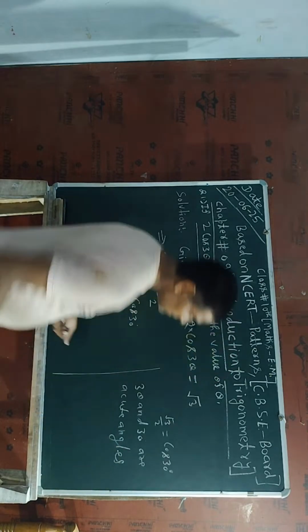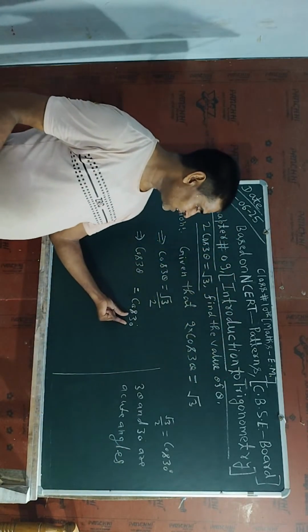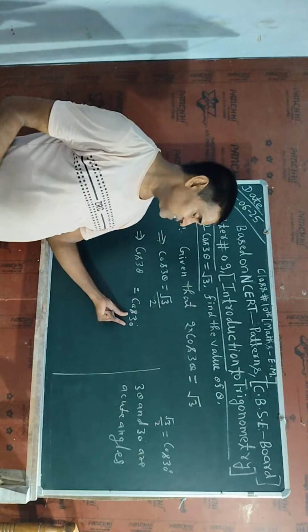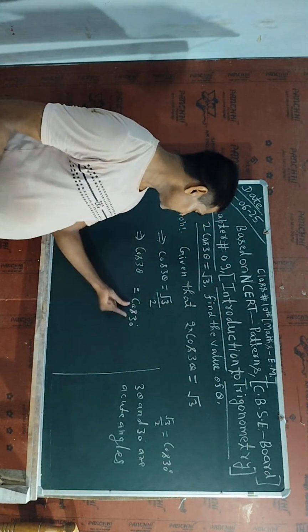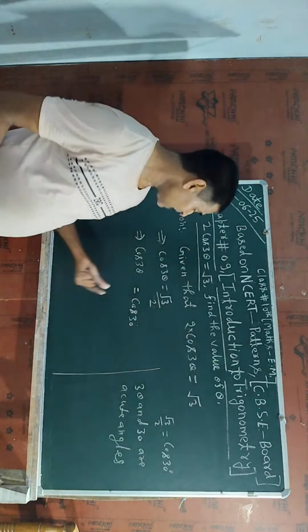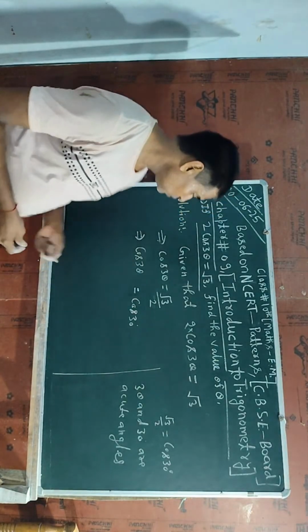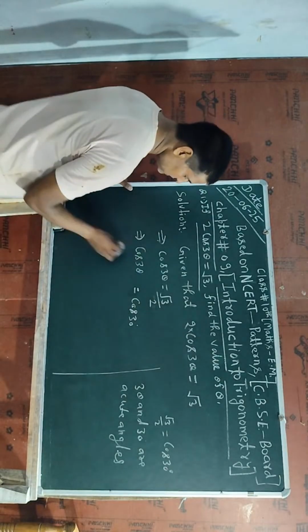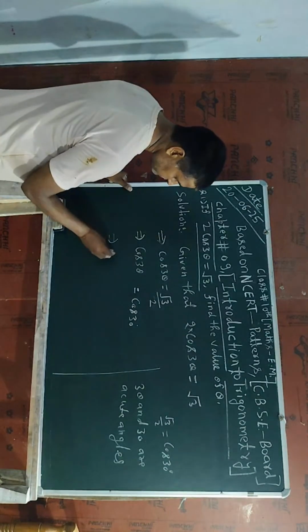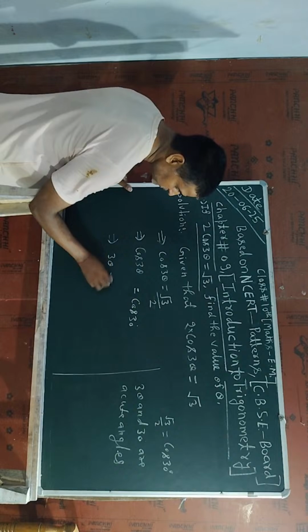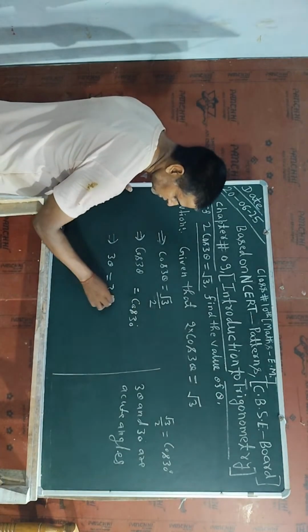Because 30 degree is less than 90 degree, that is an acute angle, and this angle is equal to that angle, I will say 3 theta is also acute. So the cos will cancel out, and I will put 3 theta is equal to 30 degree.